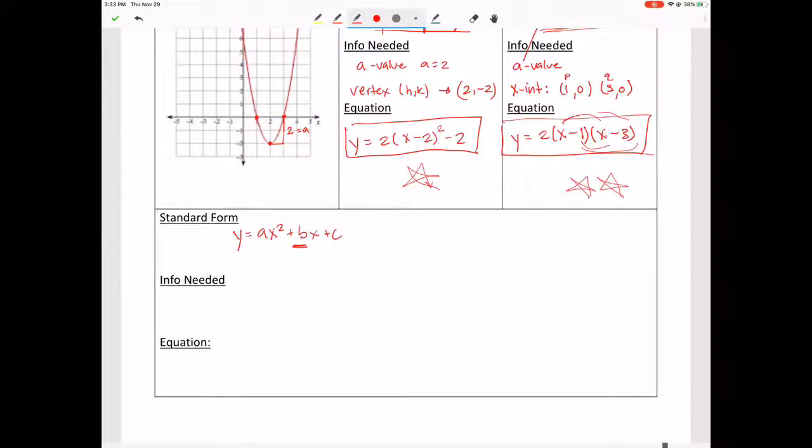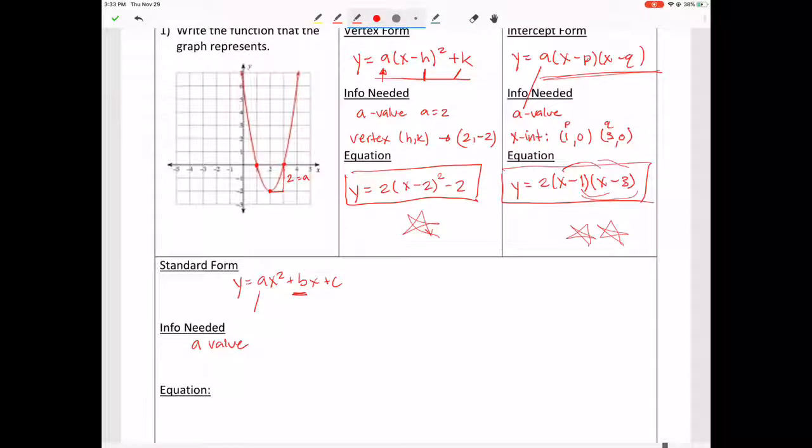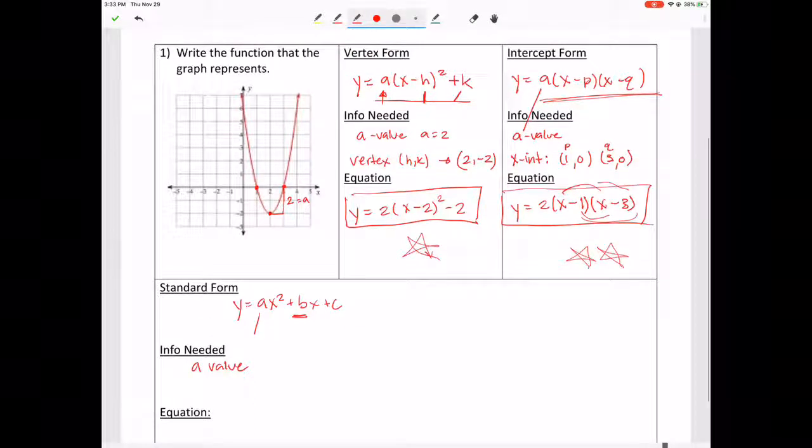Information needed. Well, we still have our a value. Right away, if we look at our graph, if you recall in, I think it was 5.2 or 5.3, we talked about key features.